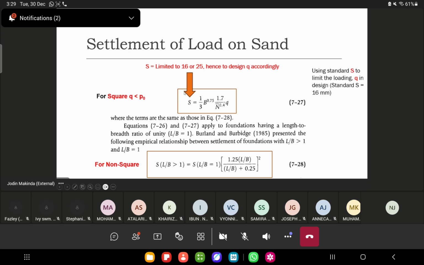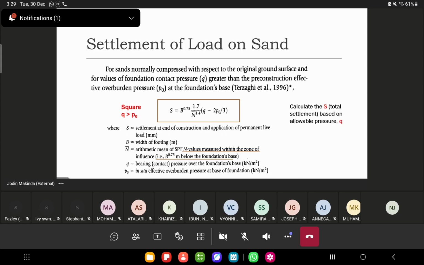One is for the square, one is for the non-square, L and B. In these equations, we use them to limit the loading design by fixing the settlement as either 16 millimeter or 20 millimeter. This one is the standard. Okay, so let's say the limit is 20. If using the limit 16 millimeter, this is the allowable design.